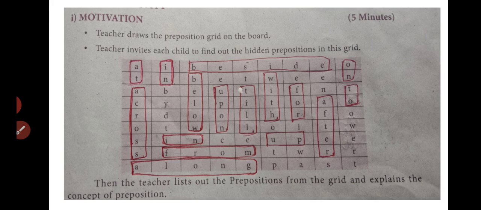Here the word till is a preposition, and it is also used as a conjunction. Then the words with, for, after, on, to, up, from, along. These words are hidden prepositions in this grid. You can also find these prepositions in your exercise.